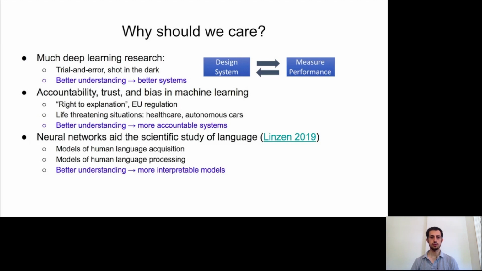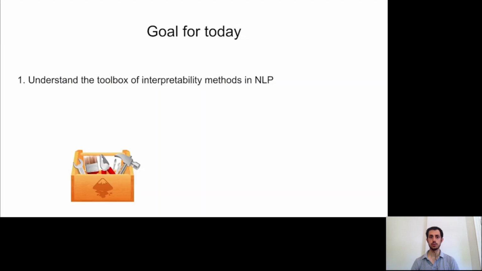And if we're trying to use neural networks as a model for human language processing, then we might want them to be more interpretable. If we understand them better, maybe that could also tell us something about how the human language system could potentially work. It's not easily a direct link, but it could be a possible clue.